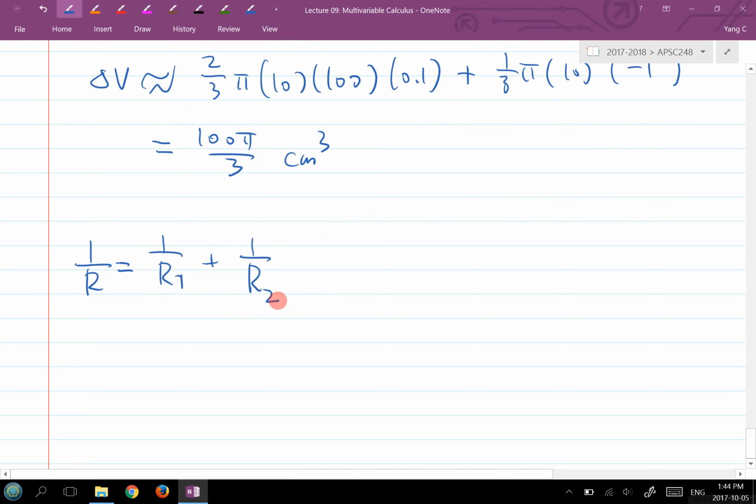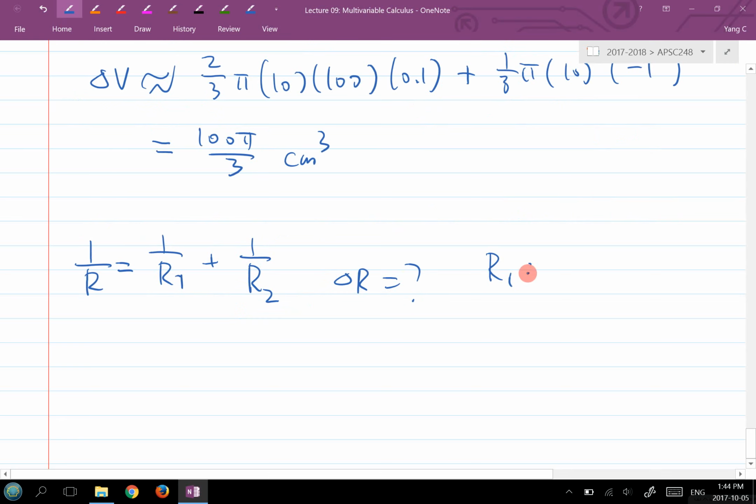Basically, you have two resistors connected in parallel, and we want to calculate a change in the total resistance when there are changes in R1 and R2 here.